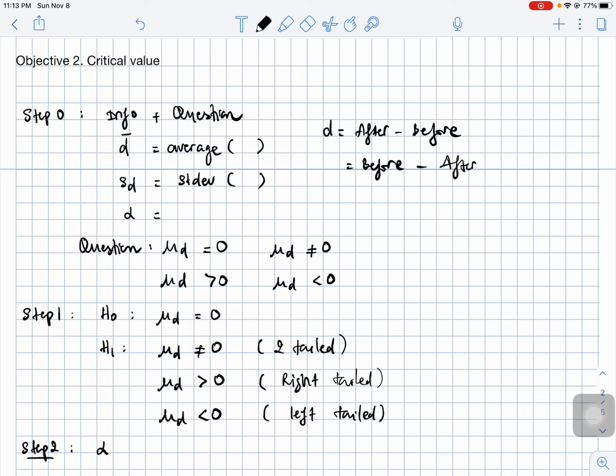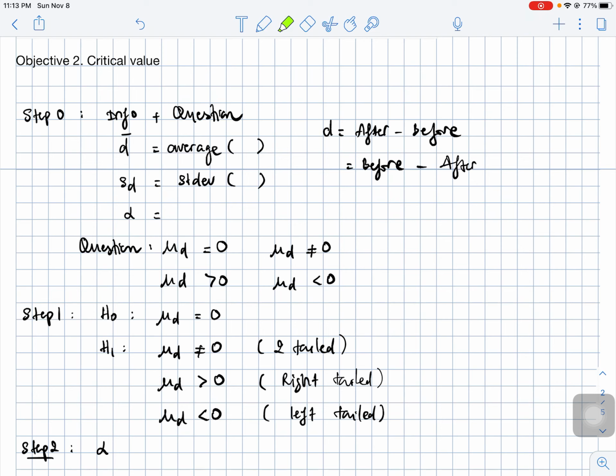Also, the problem will give us the alpha. The question is either mu d equal to 0, mu d greater than 0, not equal to 0, or less than 0. Mu d is the population mean of the difference.